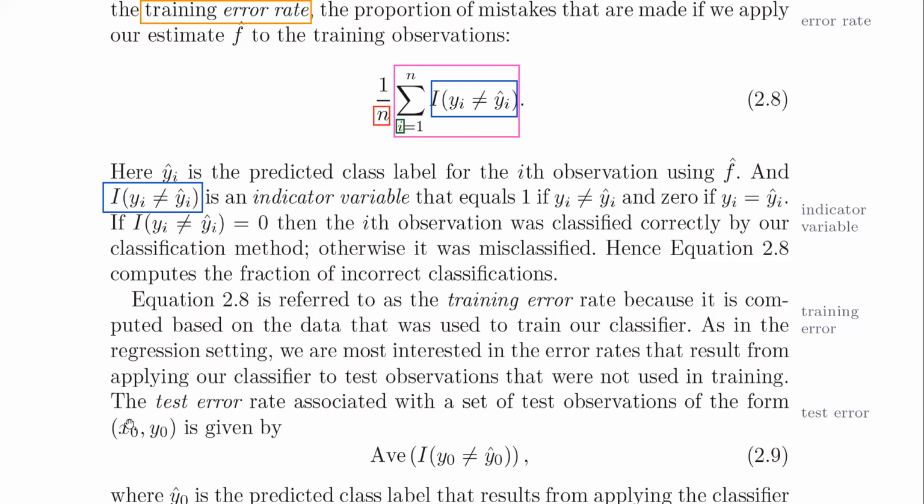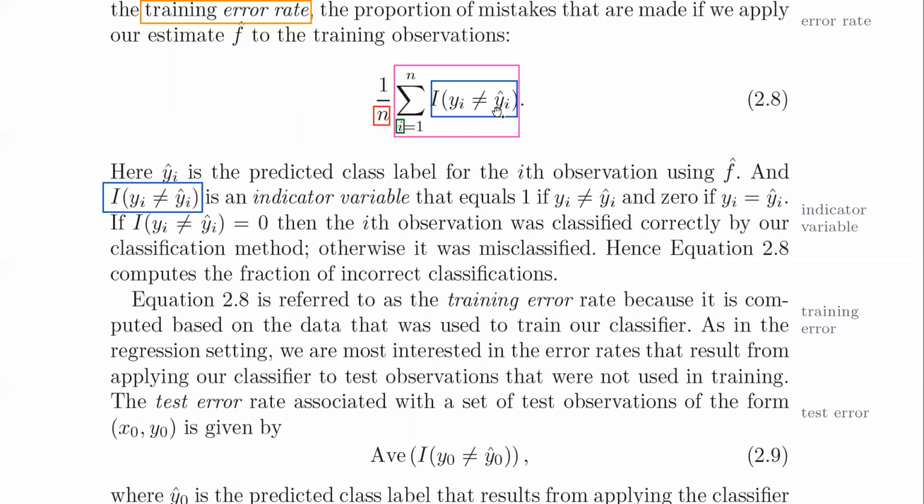So what it's telling you is take all your test data. The book, I'm not entirely sure why, just calls it x naught, y naught, but you could have, I don't know, 1 million test data points. For some reason, maybe so it doesn't use a different n, but it's the same thing. AVE is just average. Again, I'm not 100% sure, but it is the same formula.